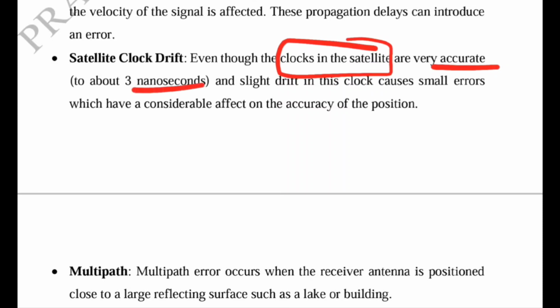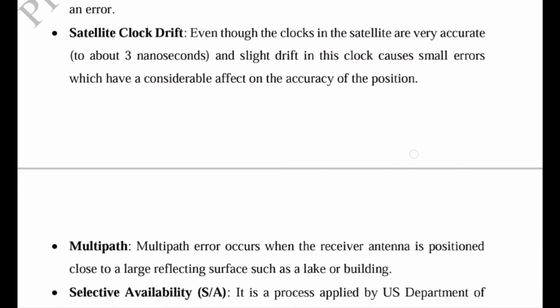We also know that we have to calculate the time component to get our accurate position, and the receiver clock and satellite clock must be synchronized with the same time coordinate, so the error can be neglected. But some clocks may cause small errors which considerably affect the accuracy of the GPS positioning calculation. So this is another source of error.